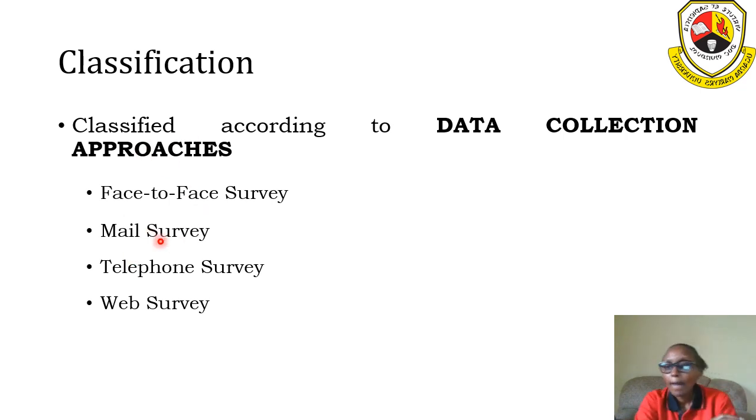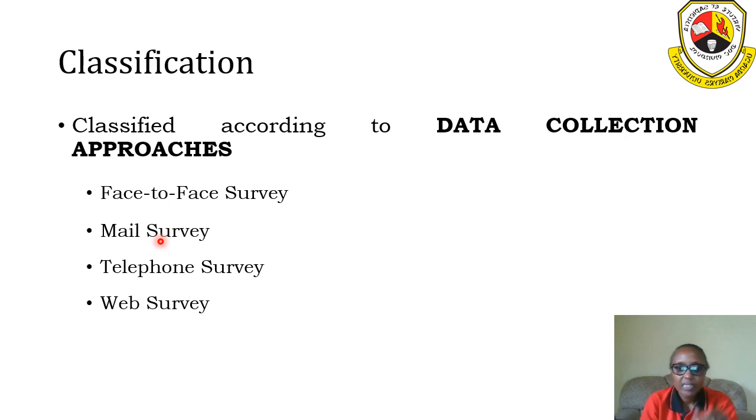The other is mail. This is where someone sends a questionnaire via email and people respond. Now, Google really has a very good tool where you can generate a questionnaire and send it by email to respondents. The responses are sent, and the Google system actually tabulates and even helps you do some minimal analysis.